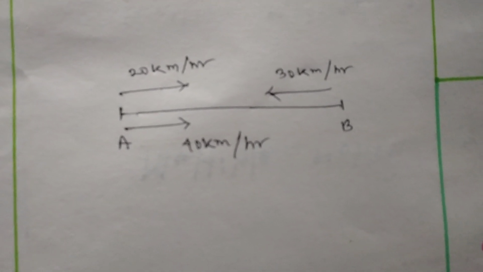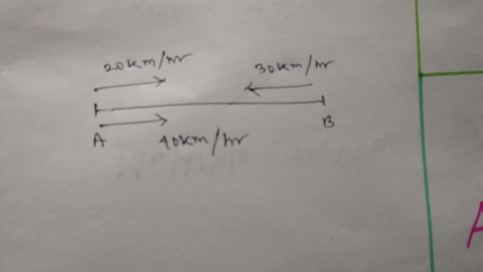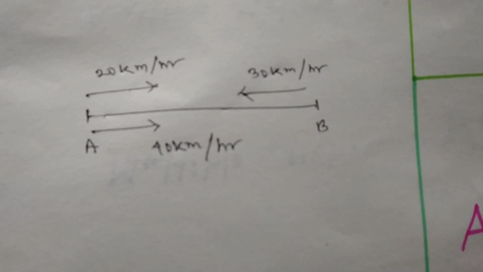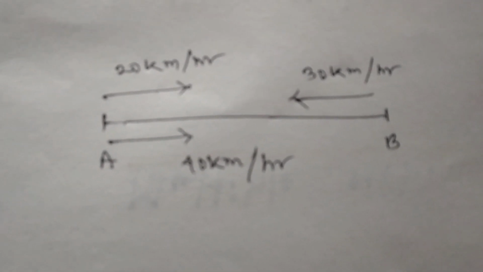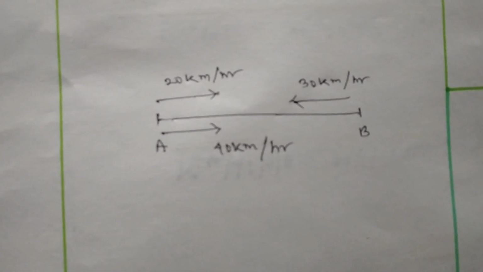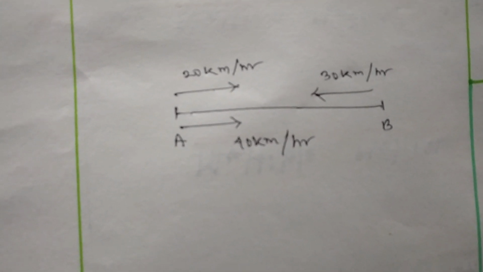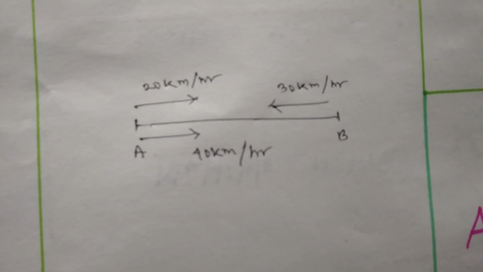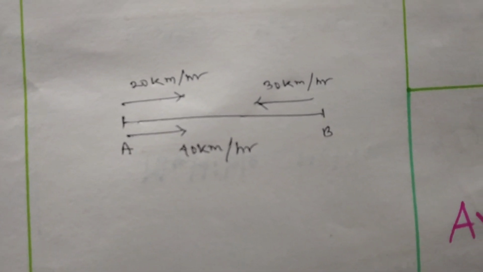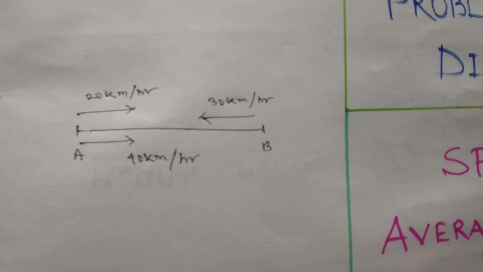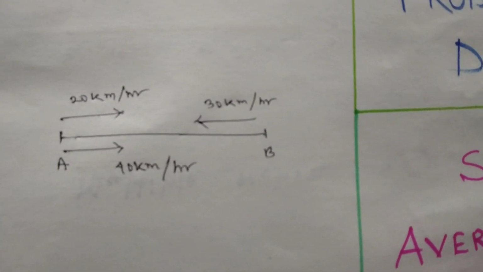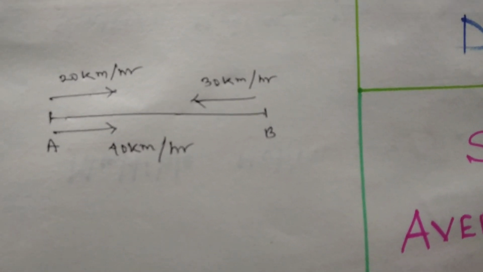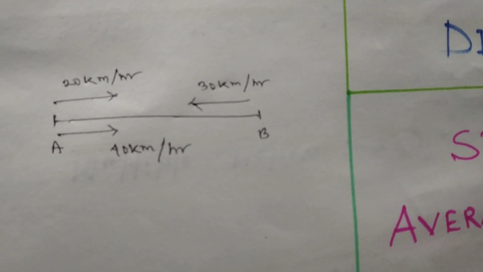Okay, then it returns from B to A and again covers this x distance at a speed of 30 km per hour. Then it again goes from A to B at a speed of 40 km per hour. That means it covers the x distance 3 times. First it covers at a speed of 20 km per hour, then at a speed of 30 km per hour, then again at a speed of 40 km per hour.